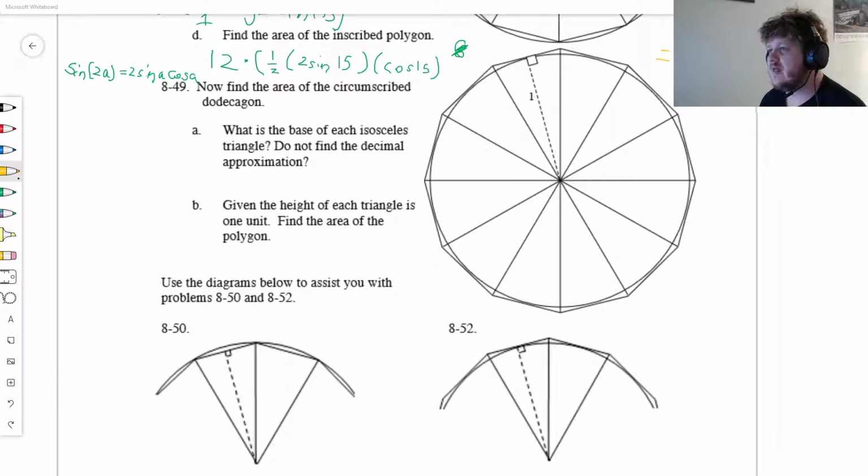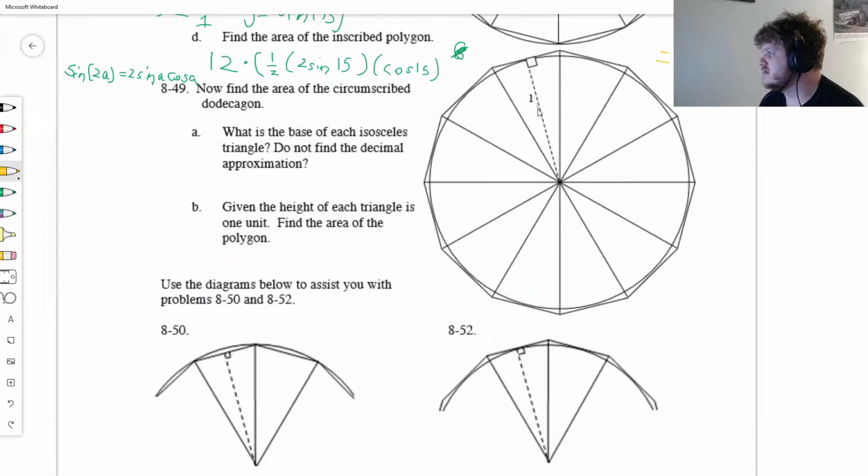So, with this version, we have our 1, which will be our x, and then this would be y. And similarly, each triangle would have an angle of 30, but this would then be 15 again.